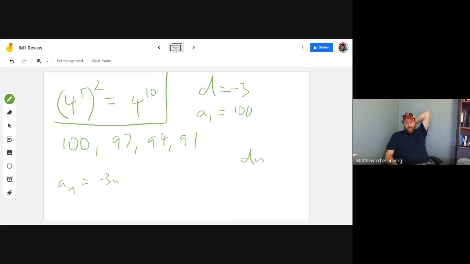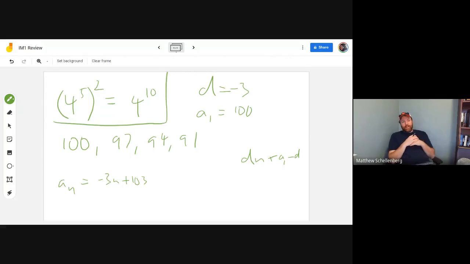And I think I told you guys it's a1 minus d. And that is what it is. So it's dn plus a1 minus d. And for us here, a1 is 100, but minus d is minus -3. So minus -3 is actually plus 3. So this would be 103.